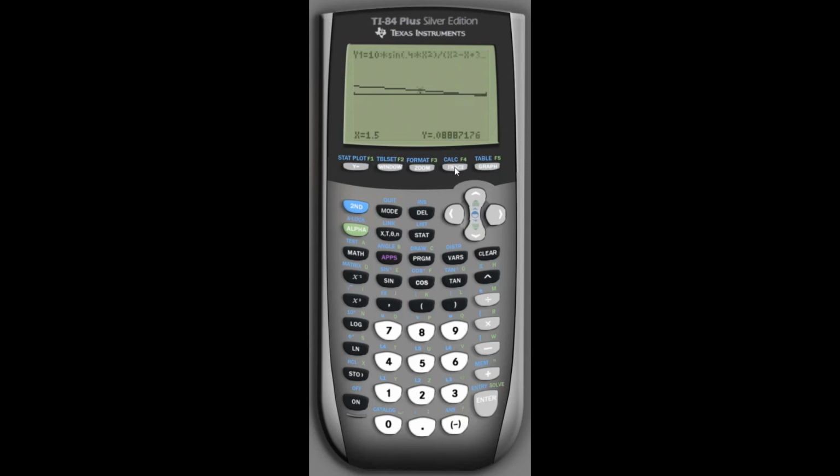So let's now do tracing and move to the right until we hit y of approximately 0 here. And so this is the point. We can see that x, or time, is 1.57. So the answer is at a time 1.57, the two particles are moving with the same velocity. And that is our answer here.